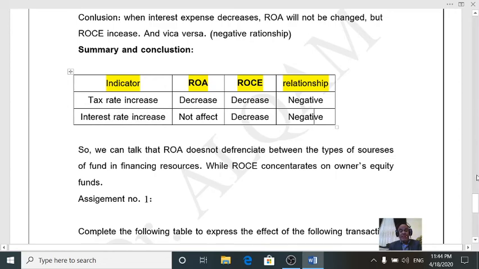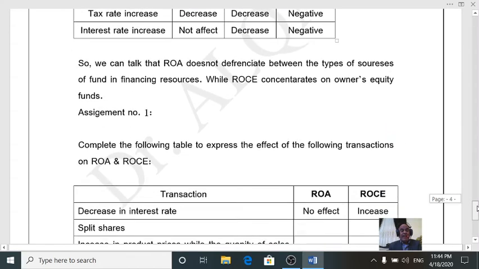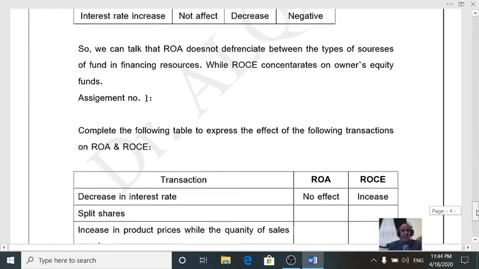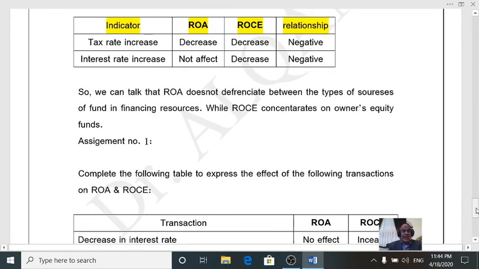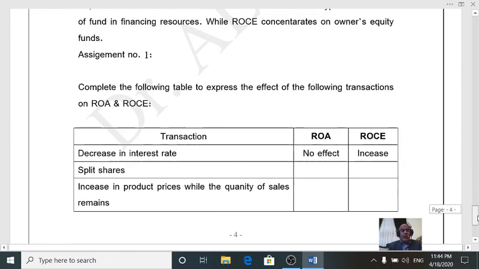This means that return on assets does not differentiate between the types or sources of funds in financing our resources, while return on common equity differentiates between sources of funds and concentrates more on owners' equity funds.